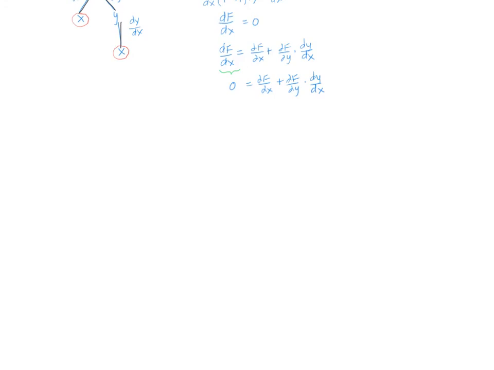So I'm going to subtract the partial of f with respect to x. And here I'm going to rewrite this first using the notation from this theorem. Partial of f with respect to x, we can write that as f sub x. Partial of f with respect to y, that could be written as f sub y.